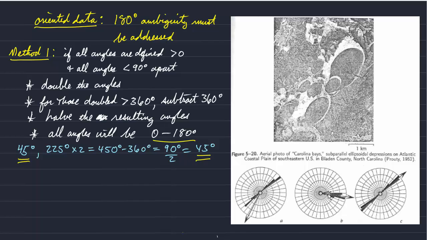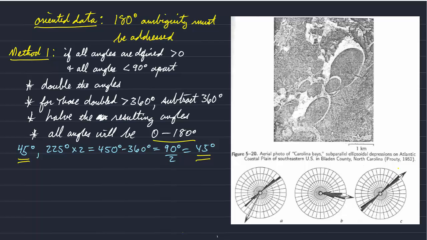And so Davis here shows the process of doing this. Here he doubles the angles and subtracts 360 from those high measurements, and he actually computes the mean of those doubled angles. And then after halving the angles, he gets this distribution right here.